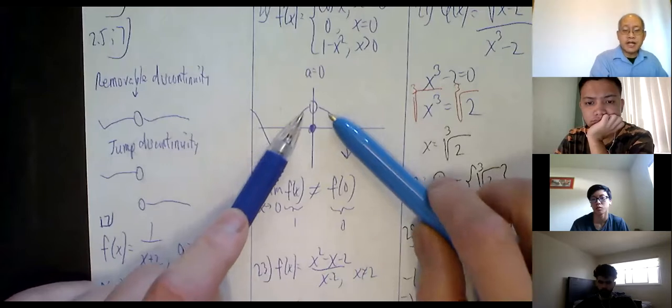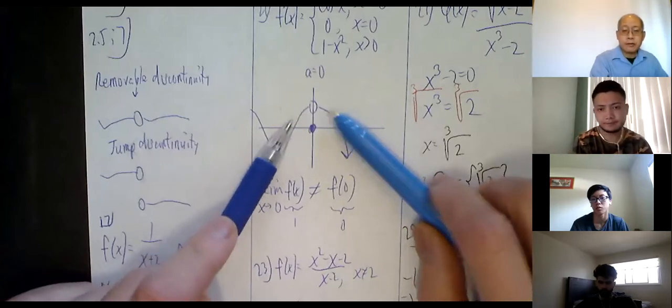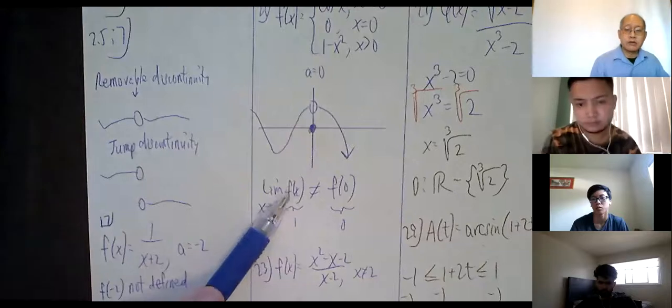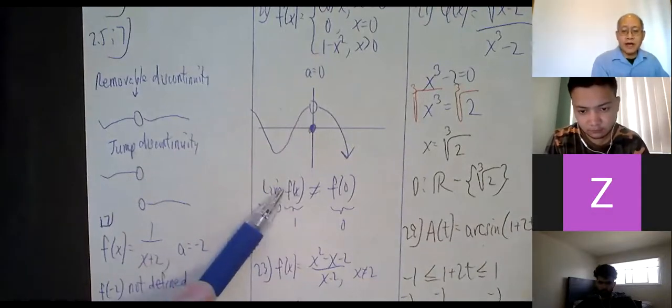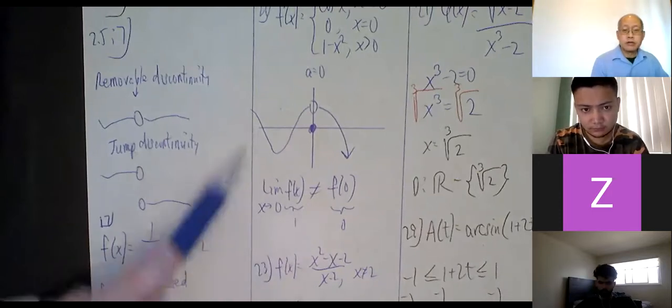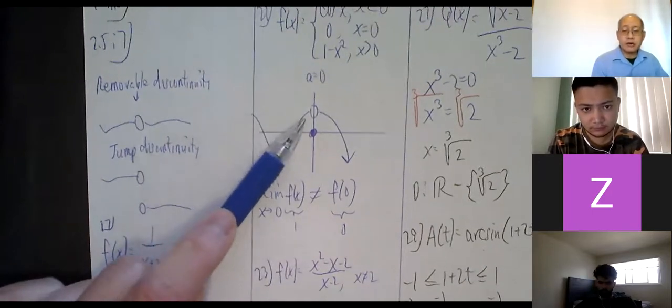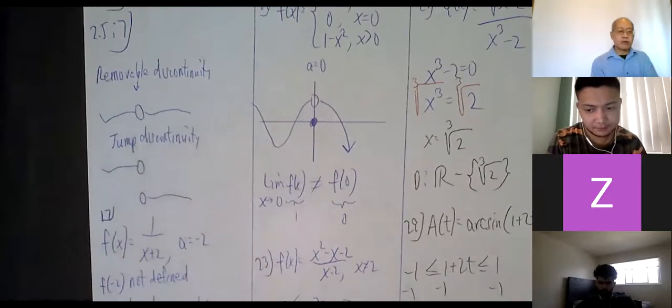I would say the limit as x approaches 0 of the function is 1, coming from both sides. But they're not equal to each other. Right? So the limit as x approaches 0 of f of x is 1. That's not equal to f of 0. Right? So the reason why we have a discontinuity at 0 is this. Limit as x approaches 0 of f of x is not equal to f of 0.